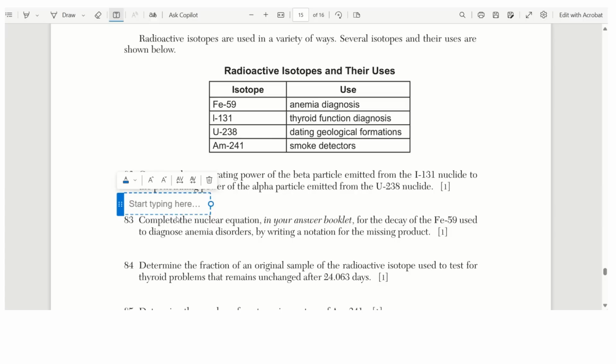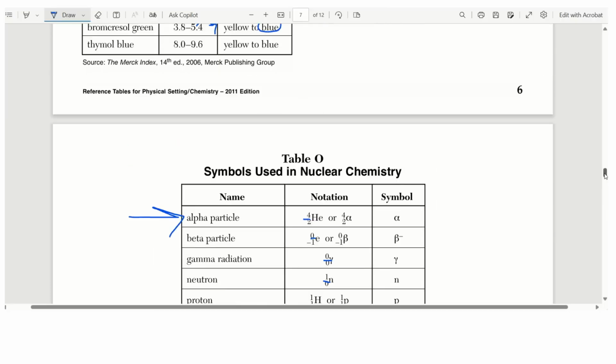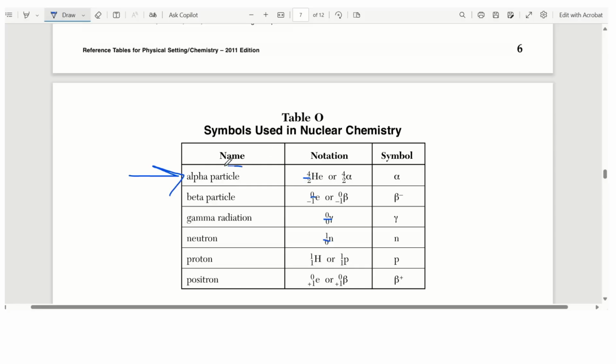Well, the penetrating power of the beta particle is greater. Okay, why? We'll just look at table O for a minute. Here you can see alpha particles have a mass of 4, whereas beta particles have a mass of 0. So beta particles are able to penetrate through more things. They get blocked by less.